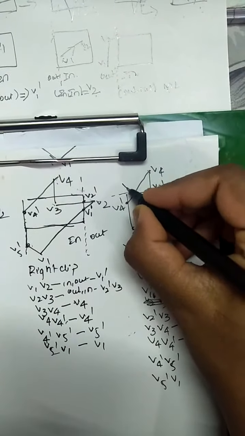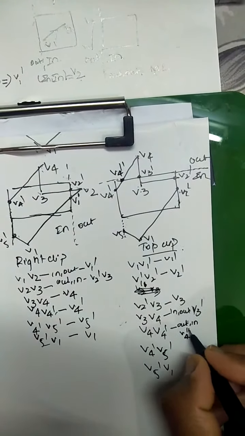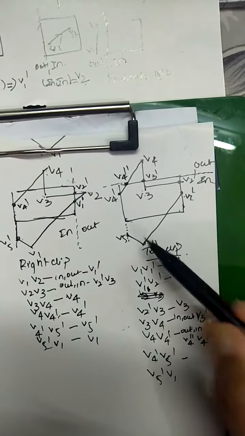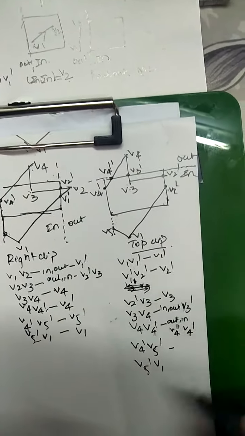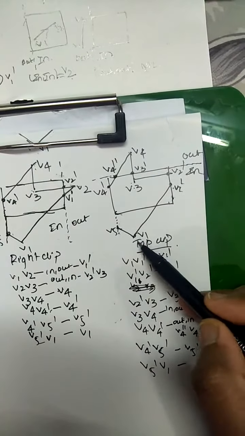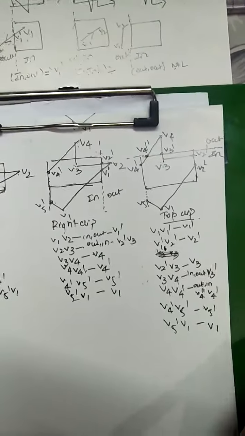So in that case, I'll take this as v4 double dash. So v4 double dash and v4 dash. v4 dash and v5, since both are falling inside, I'll take v5 dash. v5 dash and v1, again it is just v1, that is the second vertex.